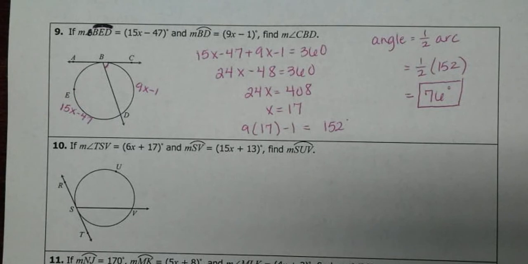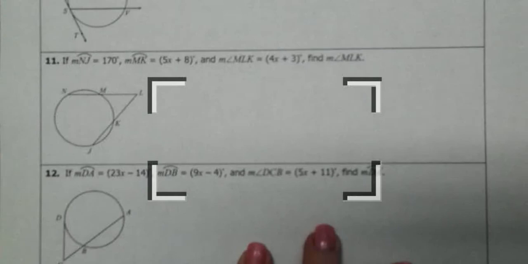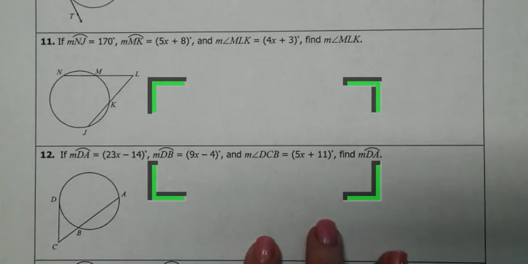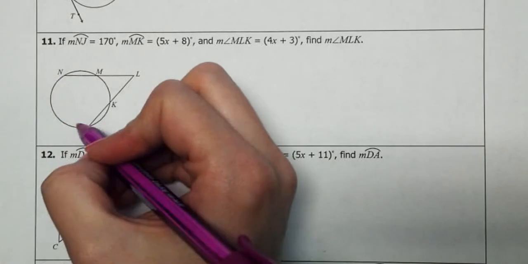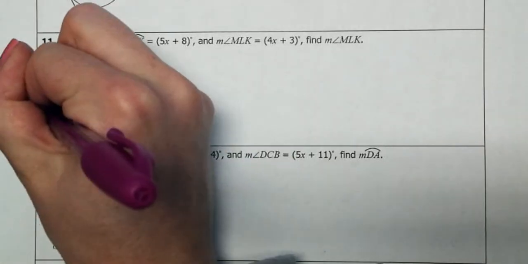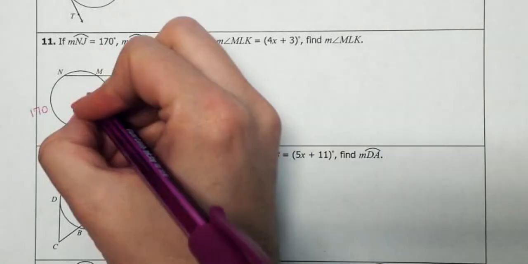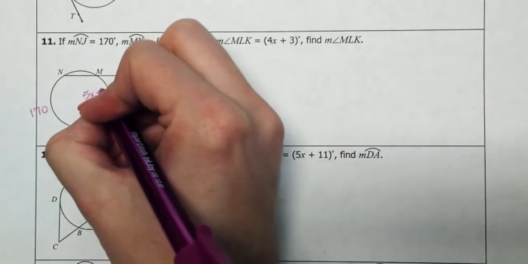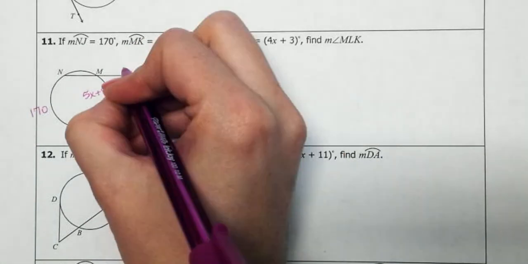Okay, let's look at number 11. Last one that I'm going to work with you, and then you're going to work on your own. So number 11, it tells me that my arc NJ is 170 degrees. And then my arc MK is 5x plus 8. And my angle here is 4x plus 3.